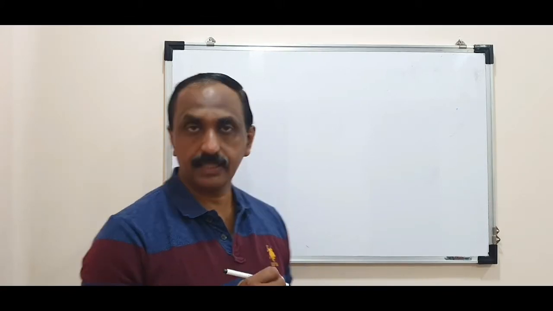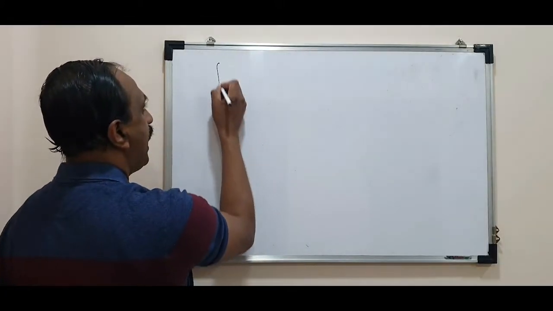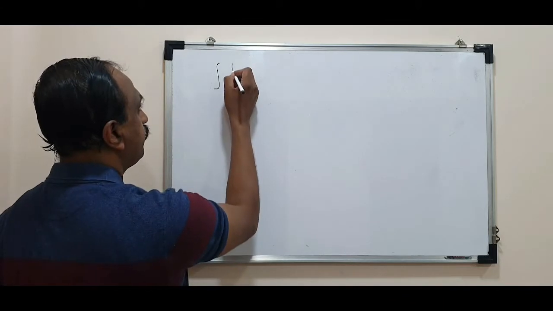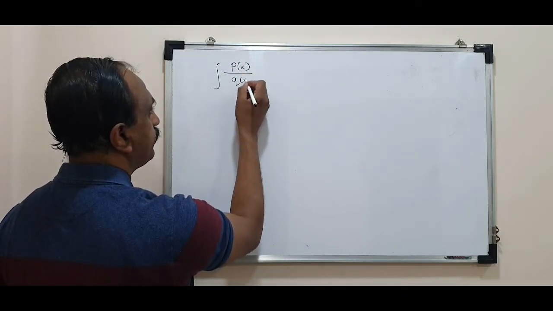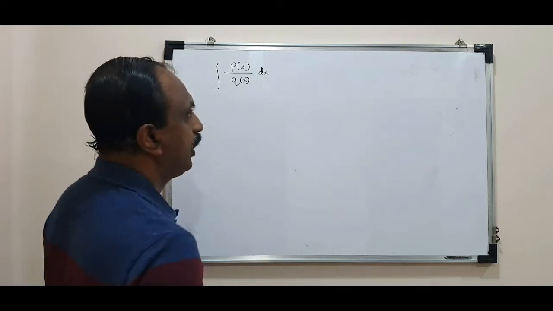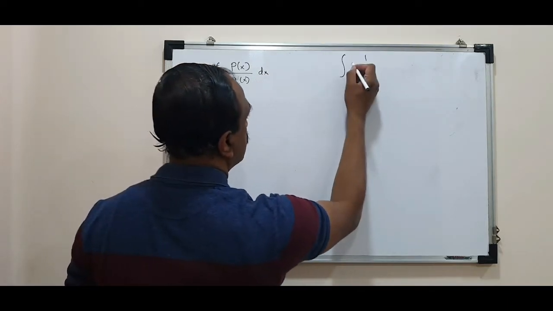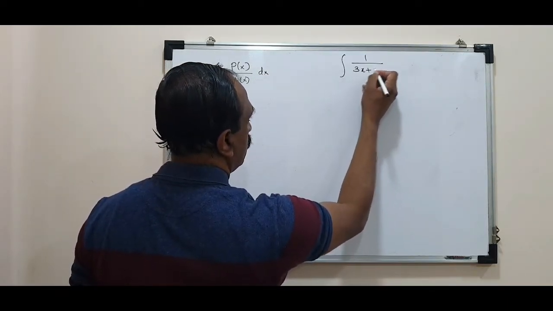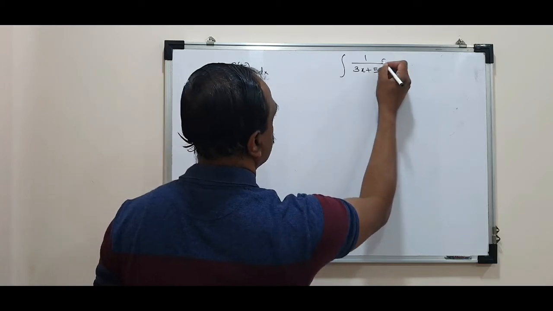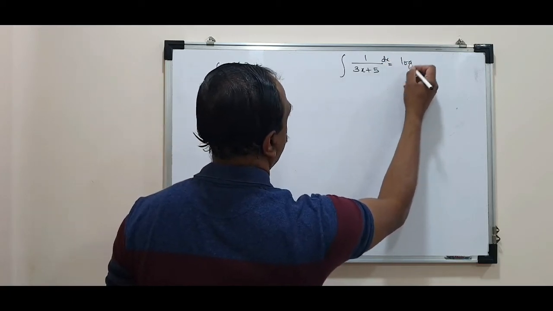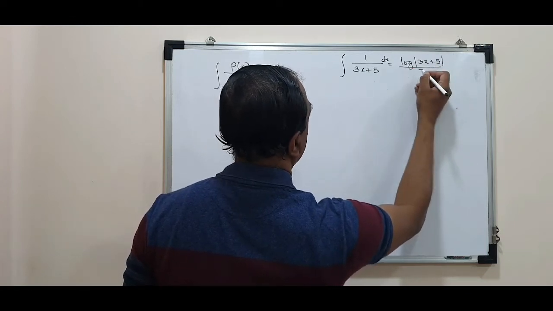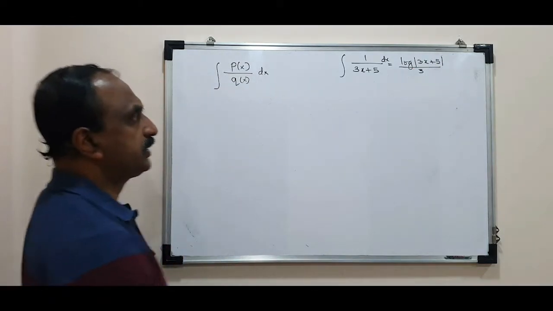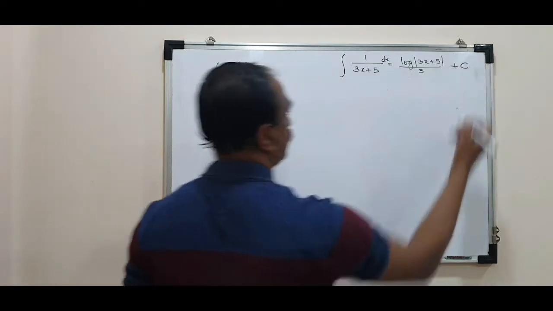Now we'll integrate algebraic functions of a special kind. Imagine I have a polynomial in the numerator and a polynomial in the denominator. If you have an integral of this kind, you have a direct formula for this: log of modulus 3x plus 5 upon 3 plus the integral constant.